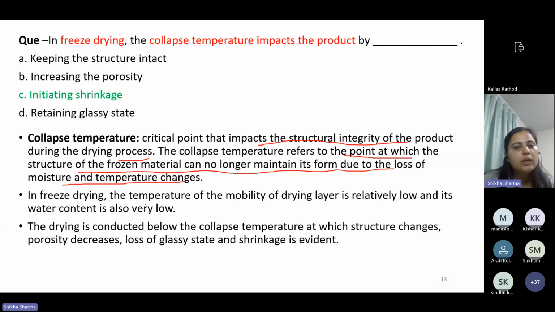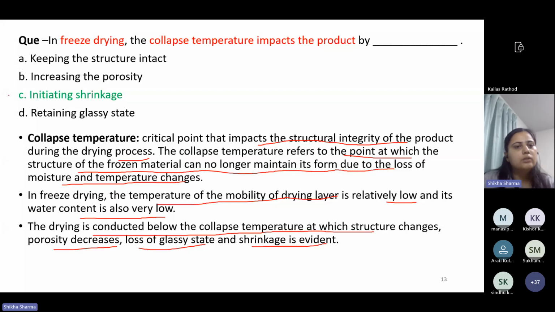In freeze drying, the mobility of the drying layer is relatively low and its water content is also low, and the drying is conducted below the collapse temperature, at which there is a change in the structure. Also the porosity decreases, there is a loss of the glassy state, and the shrinkage is evident.